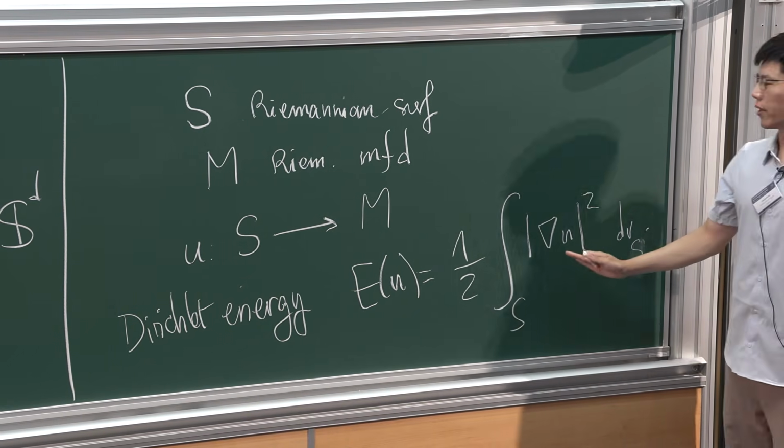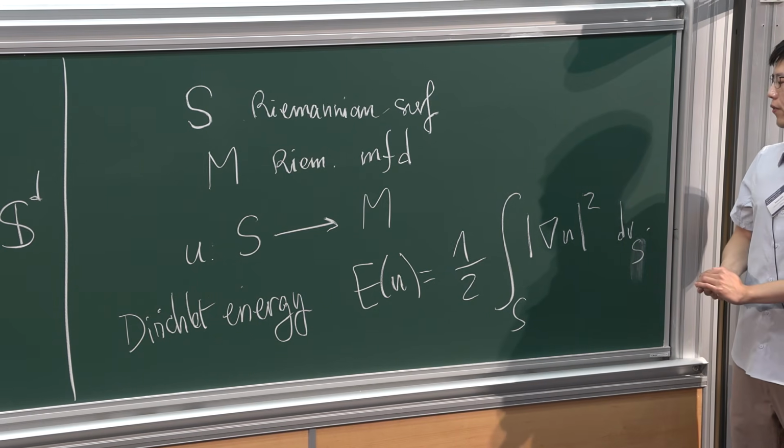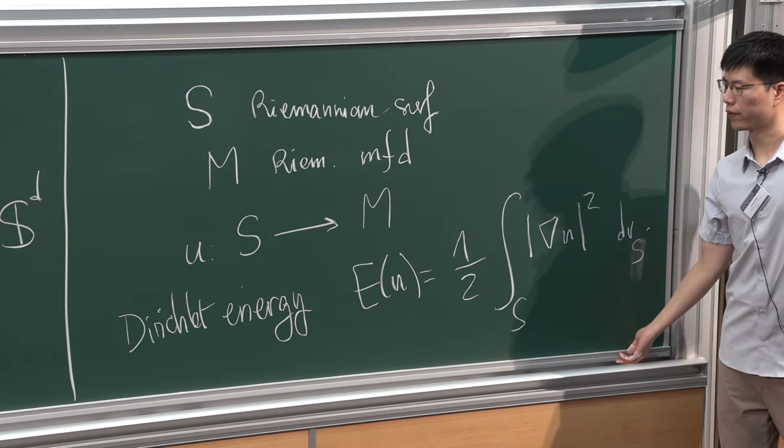Basically, you're looking at the differential of your map, and there's a natural norm for this differential, and you integrate this norm squared on the surface.